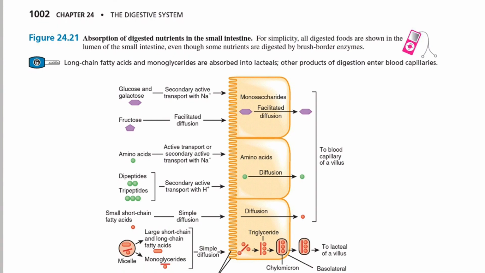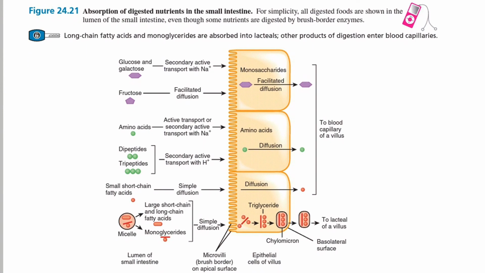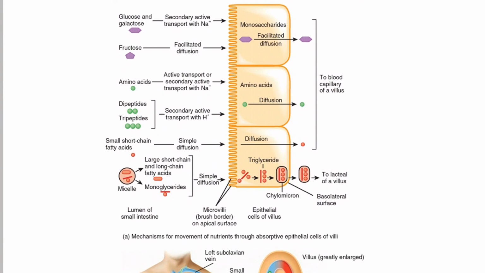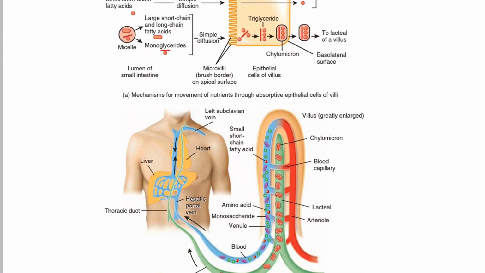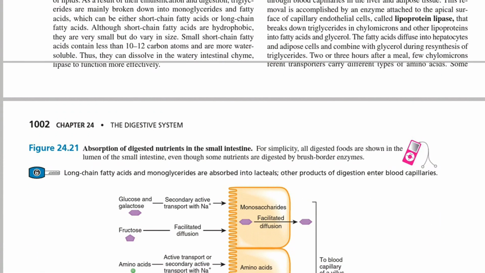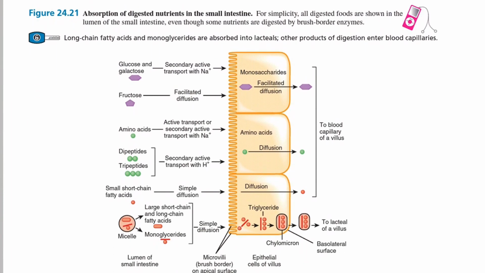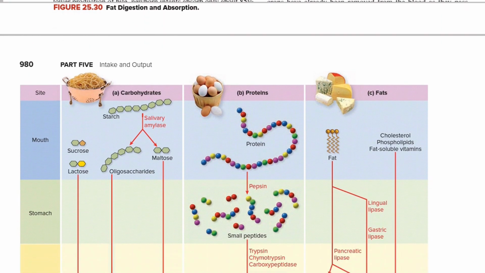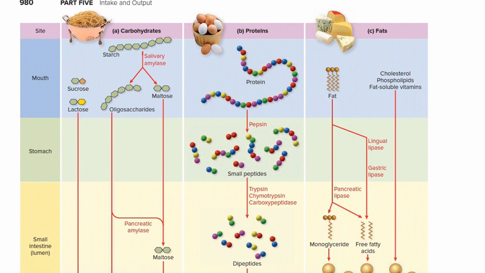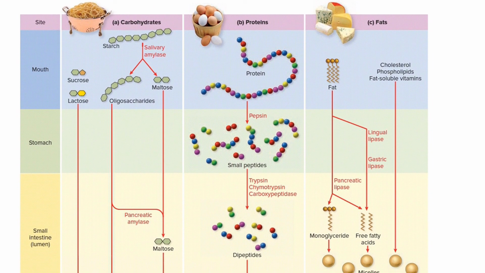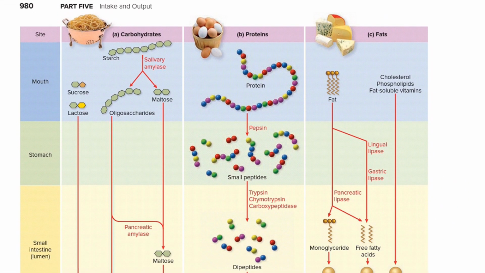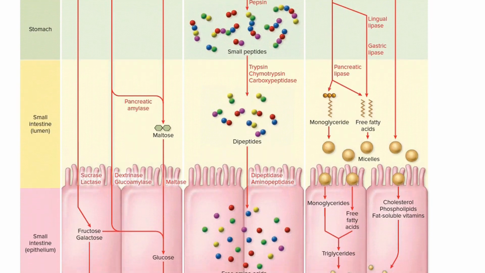Then the concept map of absorption for carbohydrate, protein and lipid. This figure is the concept map for the absorption of carbohydrate, protein and fats. This is half of the figure.